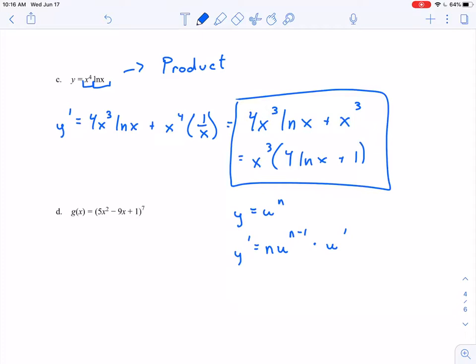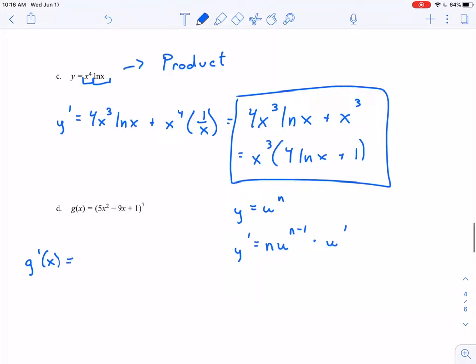So when I want to find the derivative, g prime of x, I'm essentially going to look at this part right here, and I'm going to say, okay, I'm going to start by multiplying by my power. So this is 7. Actually, let me give myself just a little bit more room. G prime of x is equal to 7 multiplying by the power. U, this part stays the same, 5x squared minus 9x plus 1.